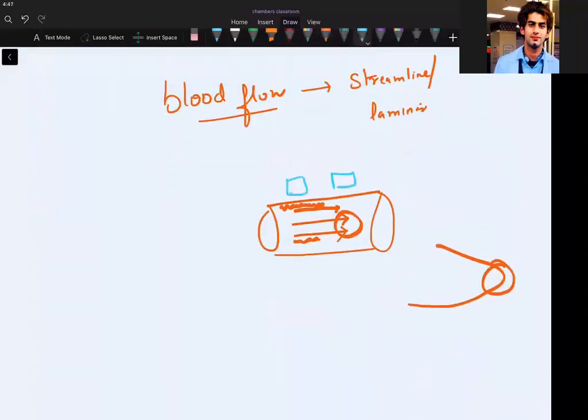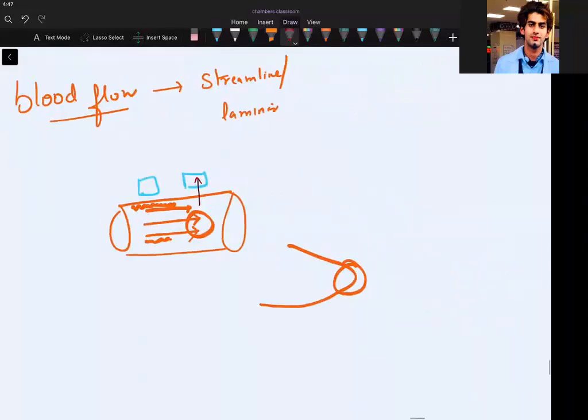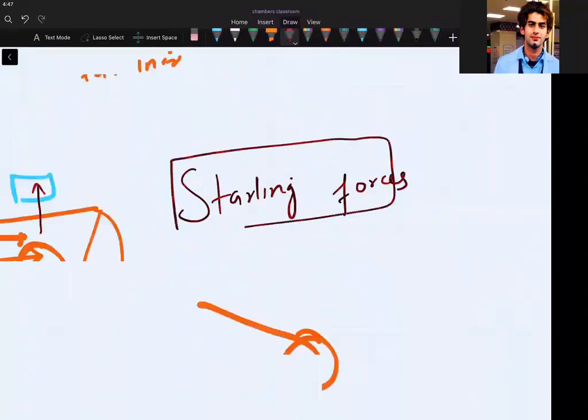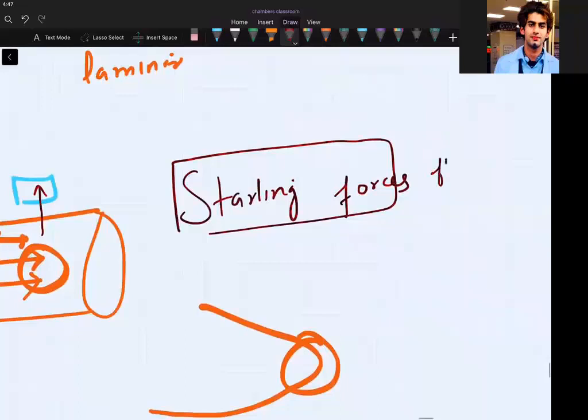If you want your blood to pass through a capillary, there should be some pressures governing it, those hydrostatic pressures we will be discussing. So there comes the significance of the Starling forces, which determine fluid exchange through the capillary membranes.